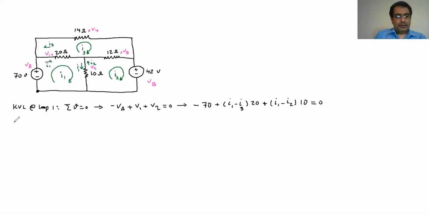So the same I can write for the second one, KVL at loop 2. So sigma V is 0 again at loop 2. So the second loop, I'm going to start from here and go all the way back to this point, and I rotate clockwise.